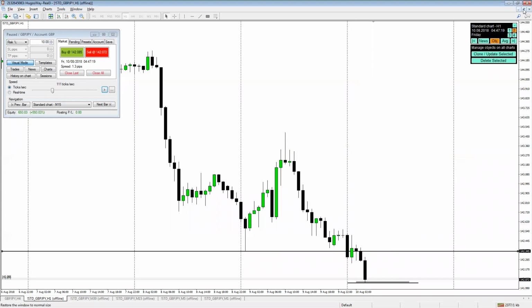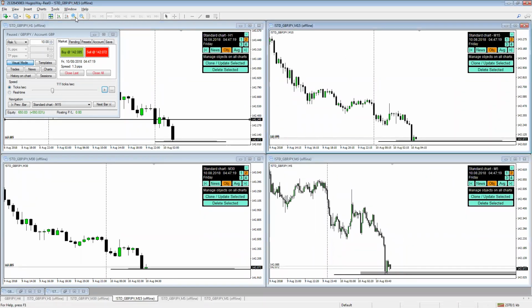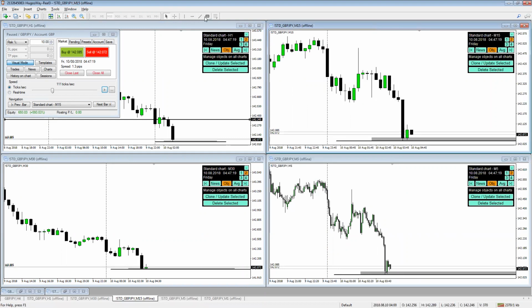So right now I'm going to look for an entry for a sell. This area looks good.